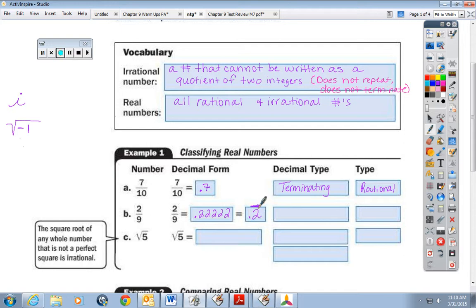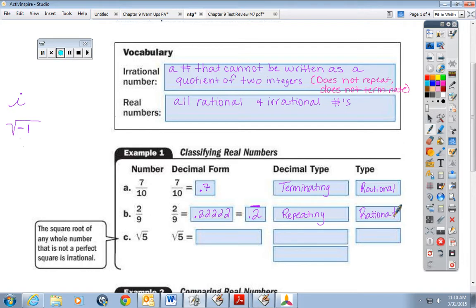And if a number terminates, or if it repeats, it ends up being rational.